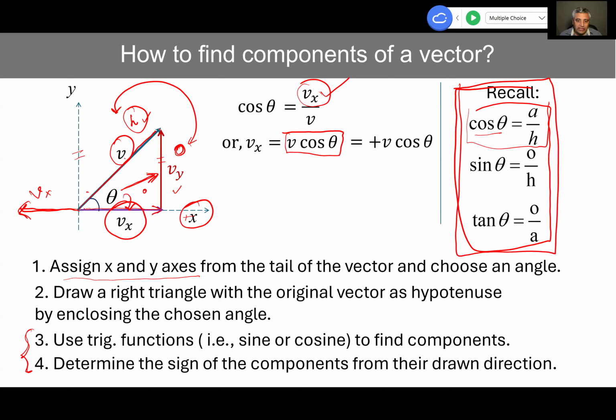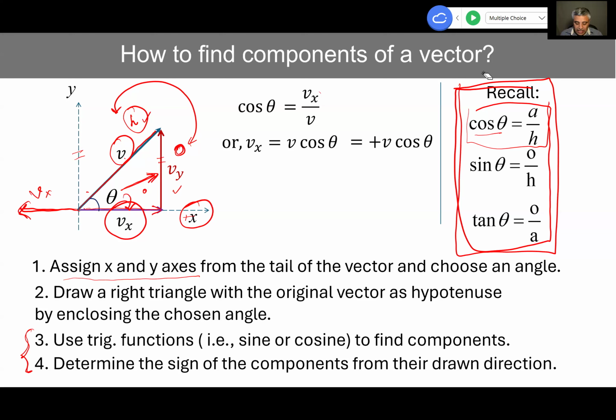So that's why when we are writing components, it's going to be either cosine or sine. But any one could be sine or cosine depending on which angle we are looking for. So that's why we need to know how to do it rather than just remembering, hey, looks like x is always going to be cosine, but it is not. It could be sine. We'll see some examples soon.